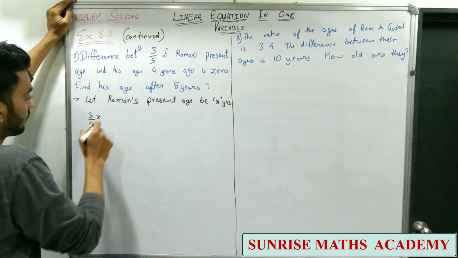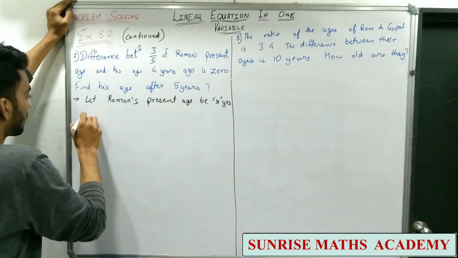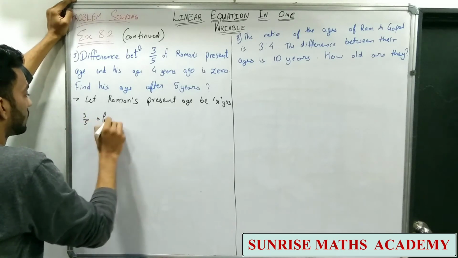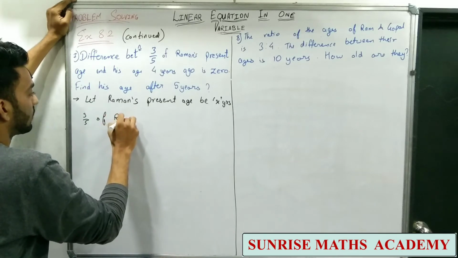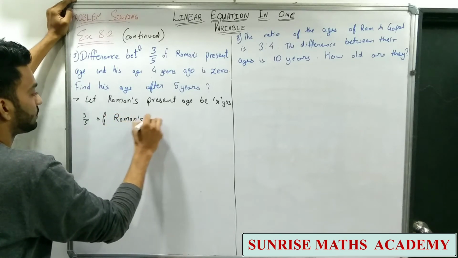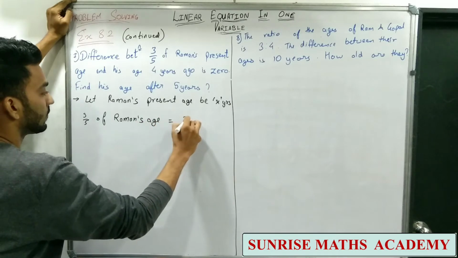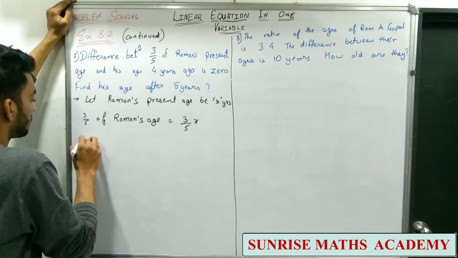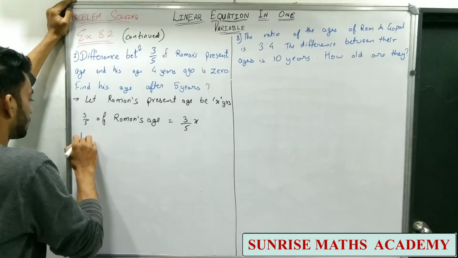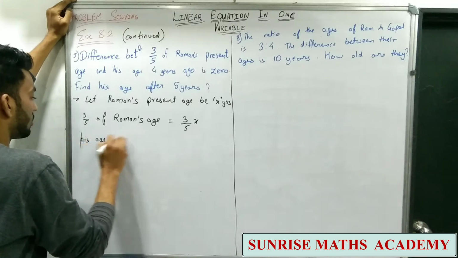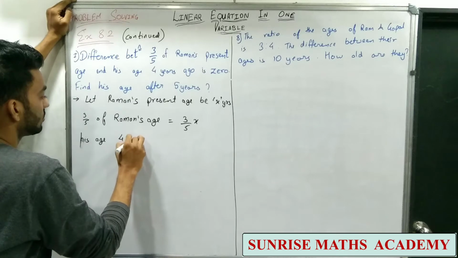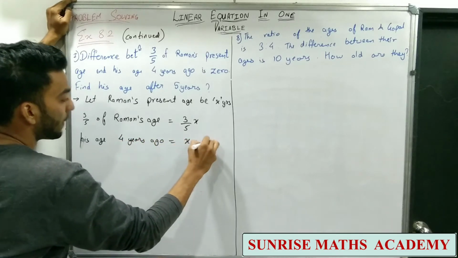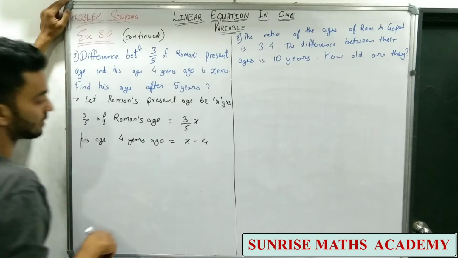So this is 3/5 of Raman's age. And his age 4 years ago will be x minus 4. 4 years ago, 4 साल पहले.